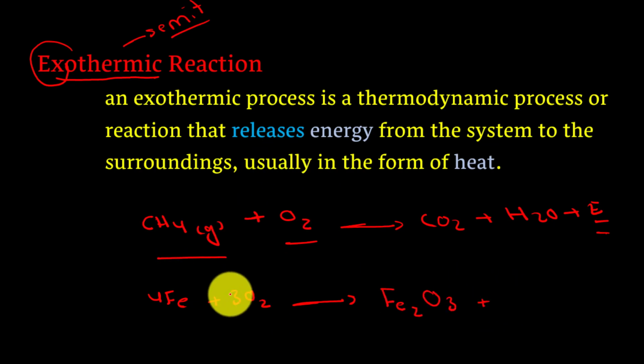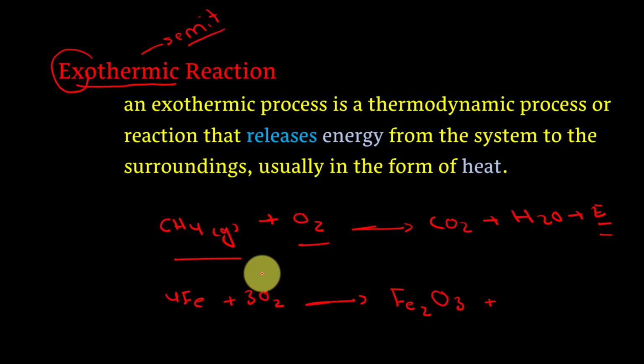This kind of reaction is called an exothermic reaction, because in this reaction, the reactants are releasing energy, right? They are not absorbing. They are releasing energy, right? These kinds of reactions are called an exothermic reaction.